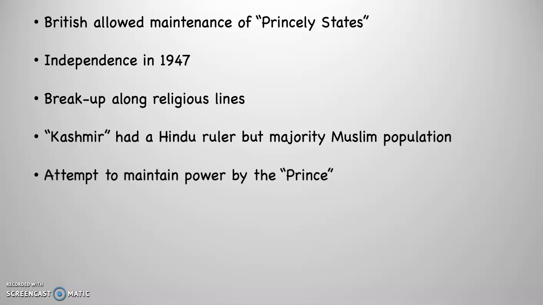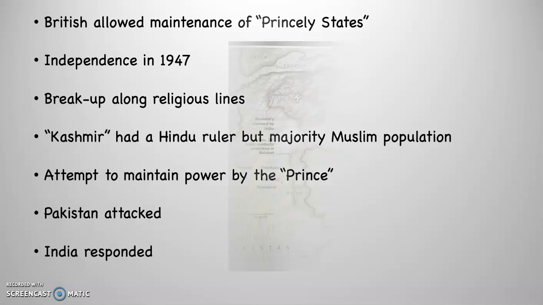But the prince who controlled that area attempted to maintain power after partition. And as a result of that, Pakistan attacked. And they attacked because it was a Muslim majority country. But because he was Hindu, he called on India to save him. And so India attacked. And essentially, that area there has been in a stalemate ever since.